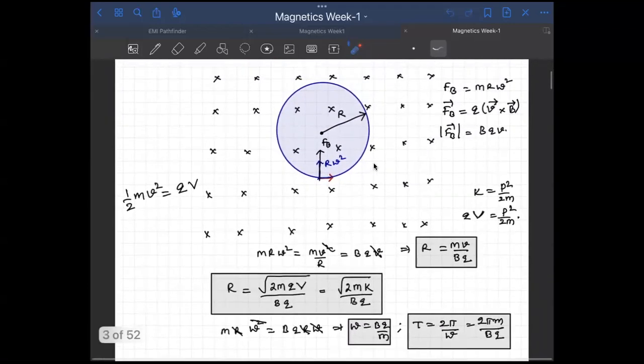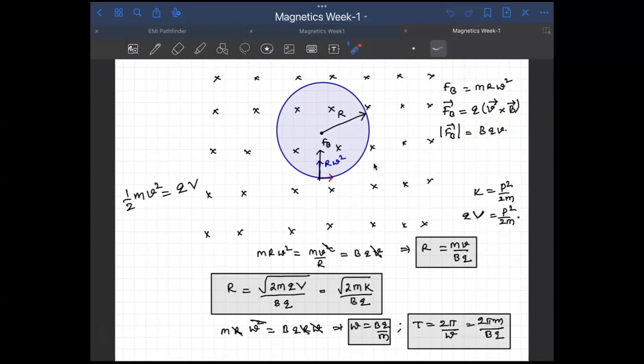Therefore, magnetic force FB, where it is moving in a circle, fine. And you know, if it is moving in a circle, it requires some centripetal force given by m R omega square. What is the magnitude of this force? q v bar cross B bar, BQV.